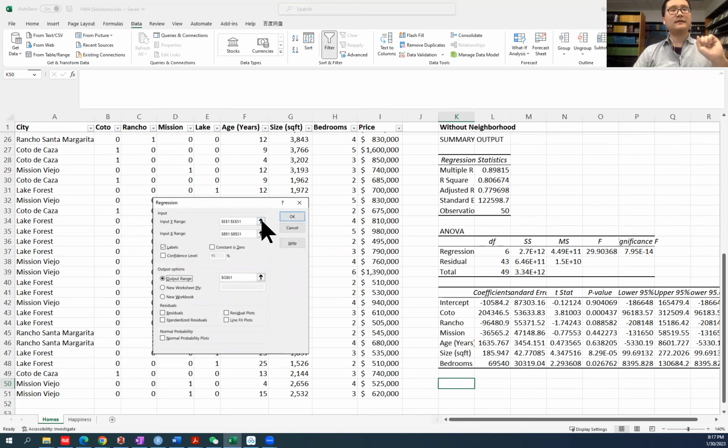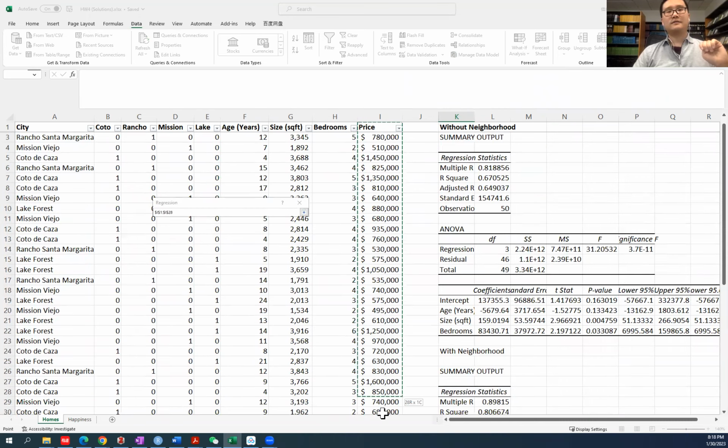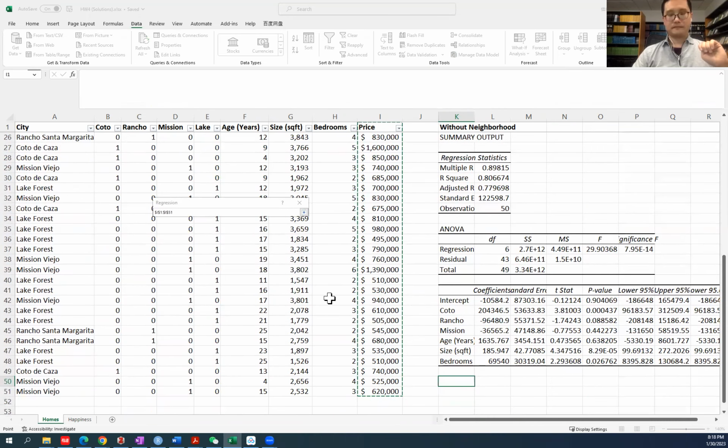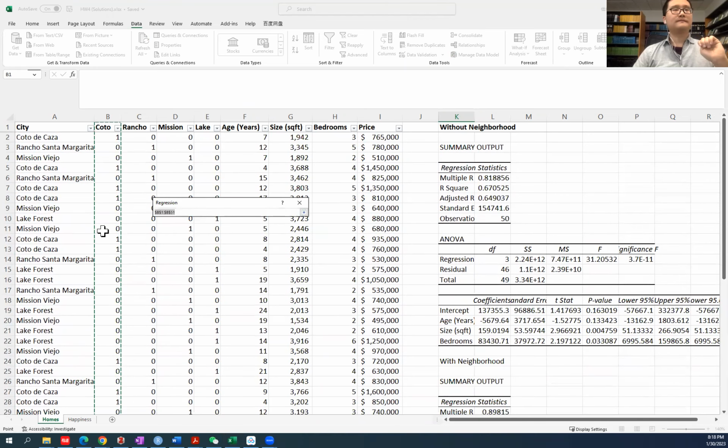Then we choose the dependent variable as house price. We also choose the city information and all the predictors. So it includes Rancho, Mission Viejo, and Lake Forest. We leave Coco de Casa outside of the predictors.